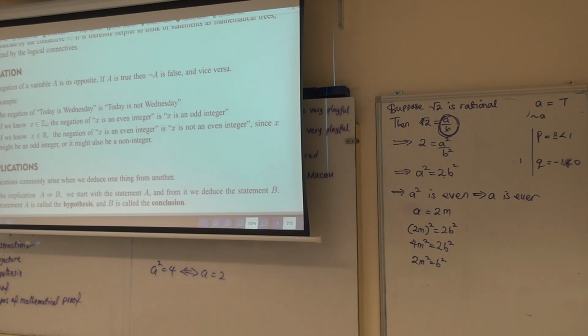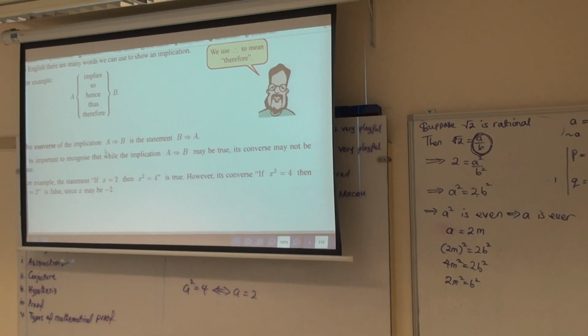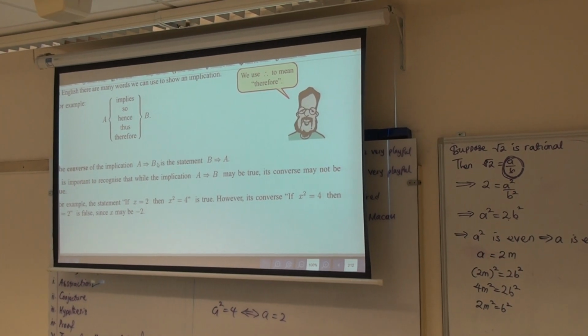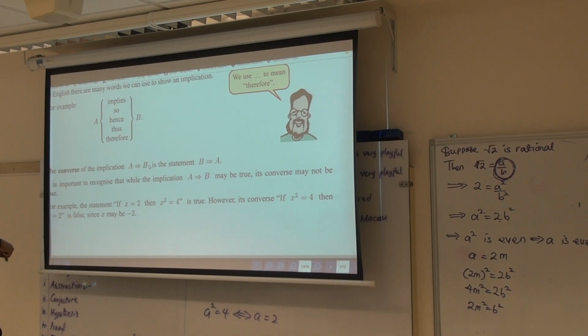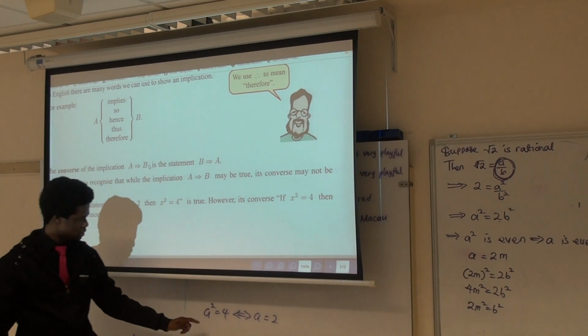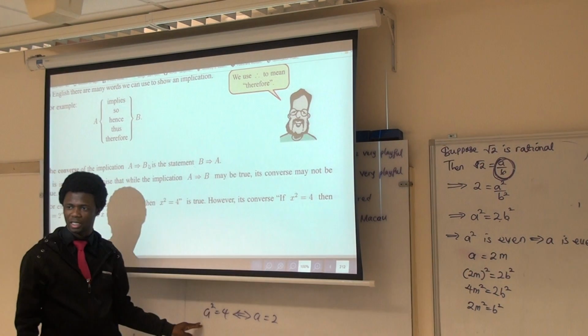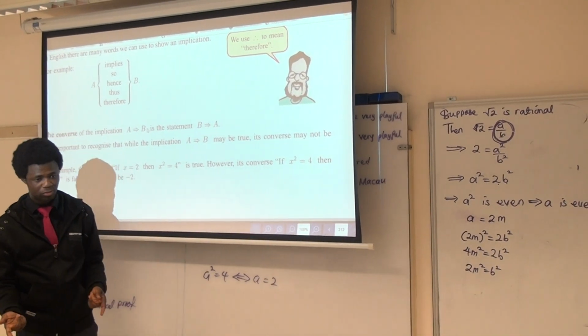We've talked about negation, and we've talked about implication. Converse is the opposite of something. Now look at this. The converse of an implication is this. The converse is like the opposite direction. In this case, this implies that, and the converse is that implies this. So when you have if and only if, it means the converse is also true.